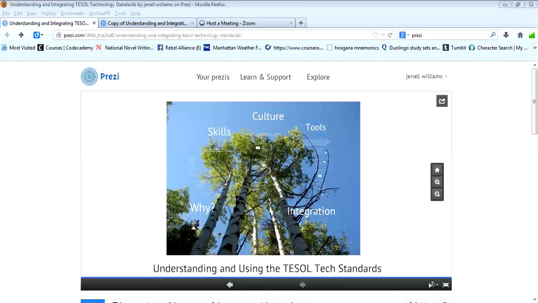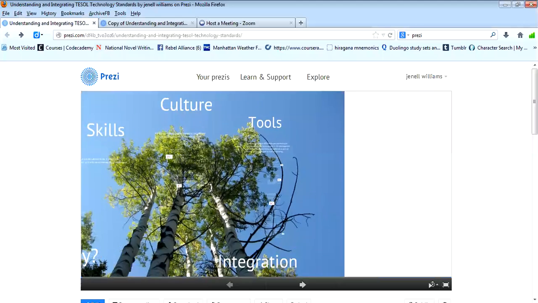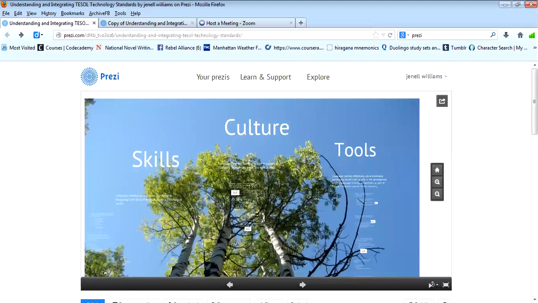This is the graphic of the TESOL technology standards, and you notice that there are three basic sets of them. The skills have to do with basic technology skills, basic computer use skills. I know Max is doing one of these standards in his lesson plan. The culture standards have to do with how culture affects online communication.